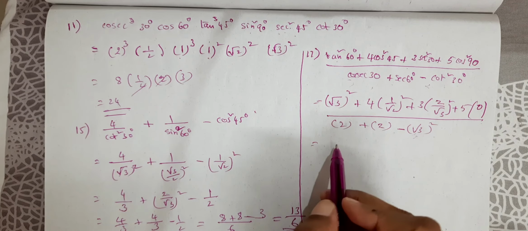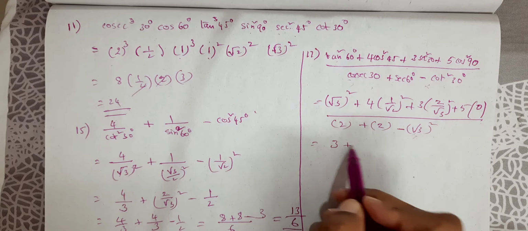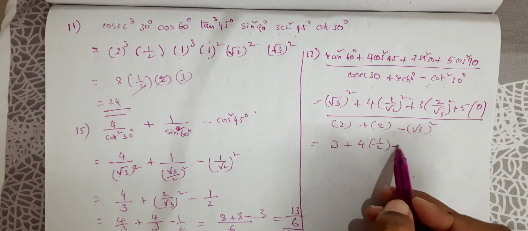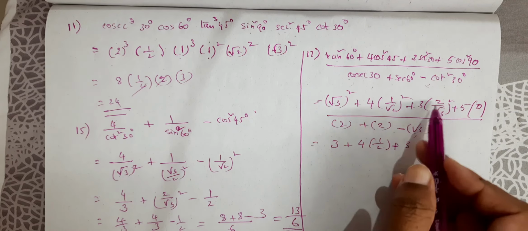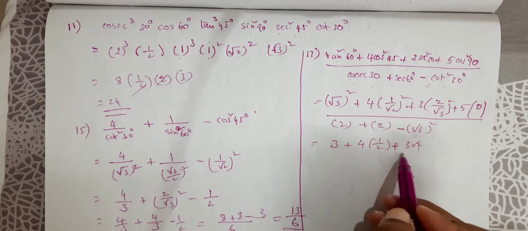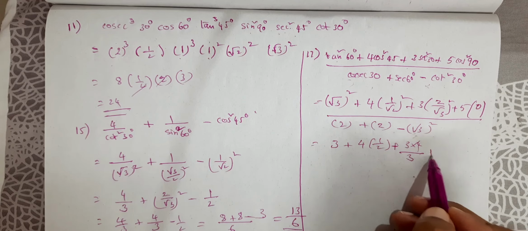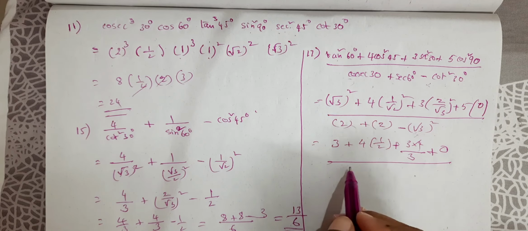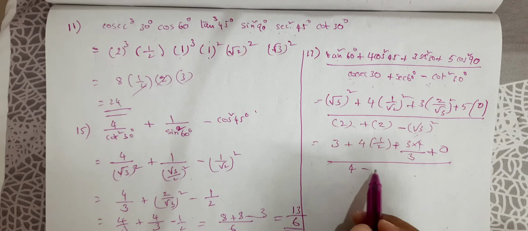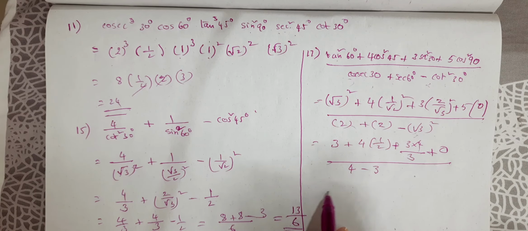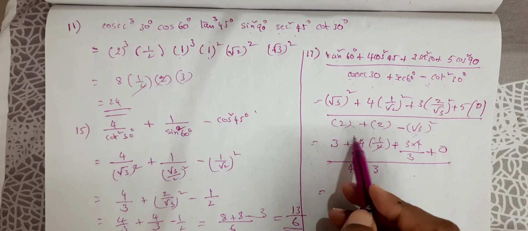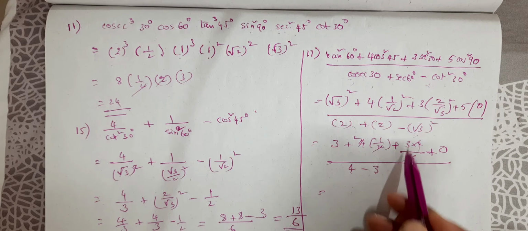So root 3 whole square, root and square will get cancelled, it is 3, 4 into 1 by 2, same logic, plus 3 into 4 by 3 plus 0, whole by 2 plus 2 is 4 minus root 3 whole square is 3, which is equal to 1, is it not? So now 2 goes 2 times in this term, 3 will get cancelled.